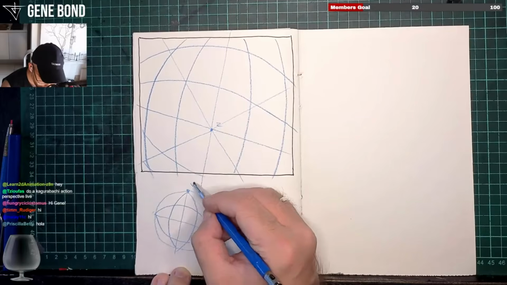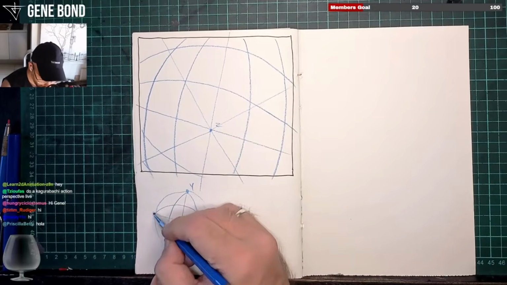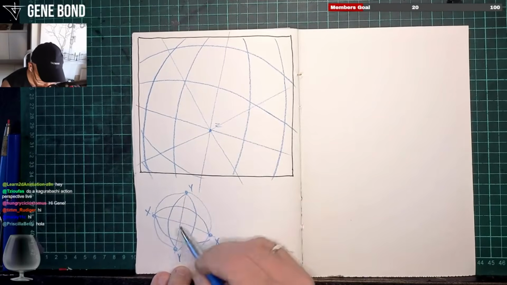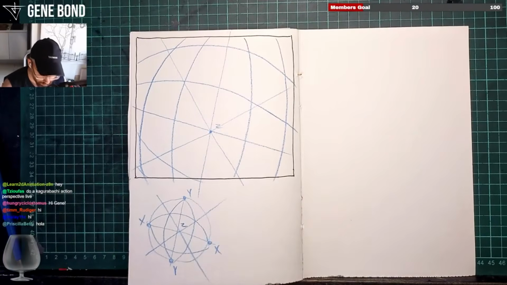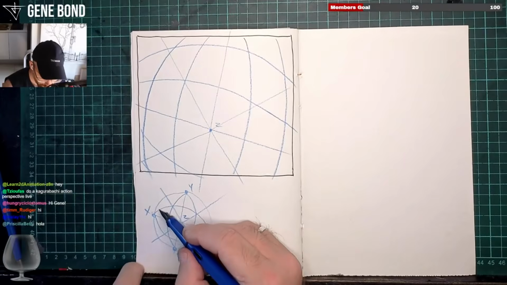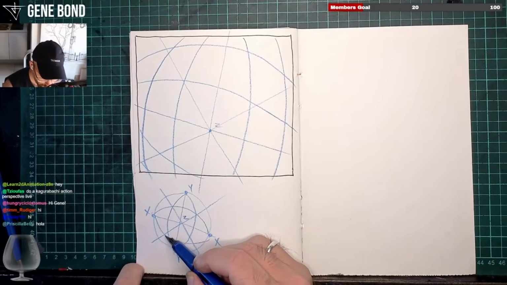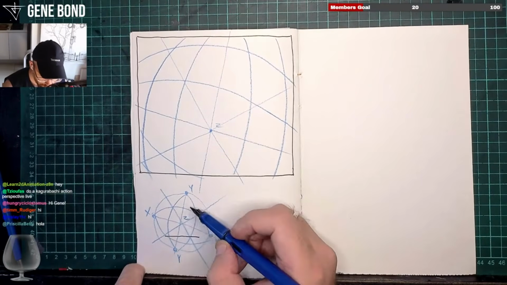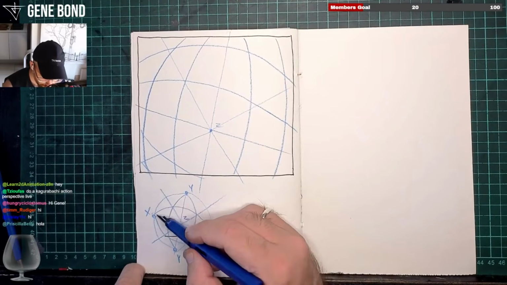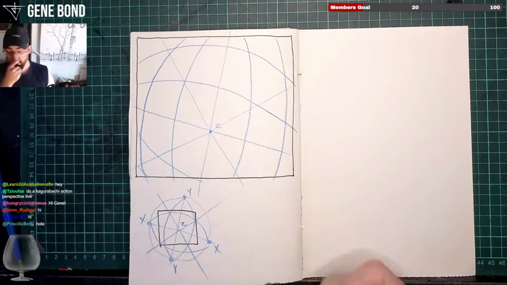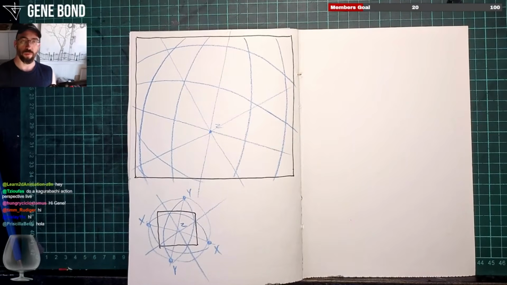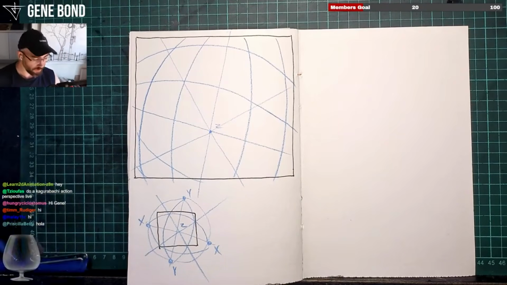So it's y, x, z, and like my picture is some kind of here, right? So it's still 5-point perspective, but different scale of perspective grids.